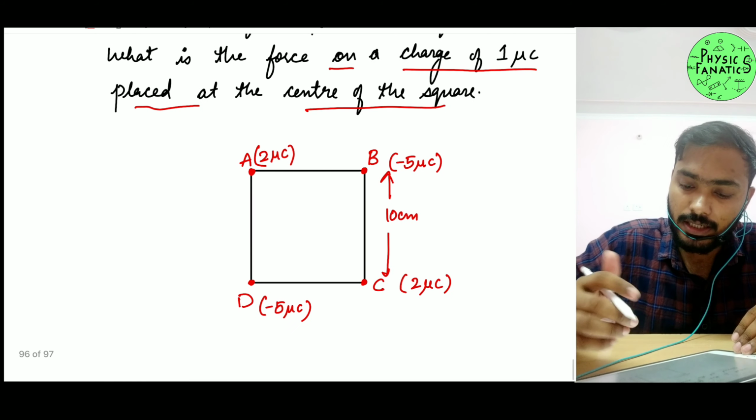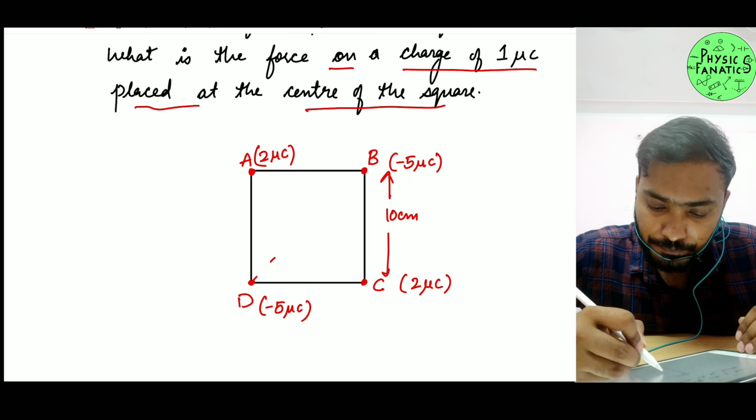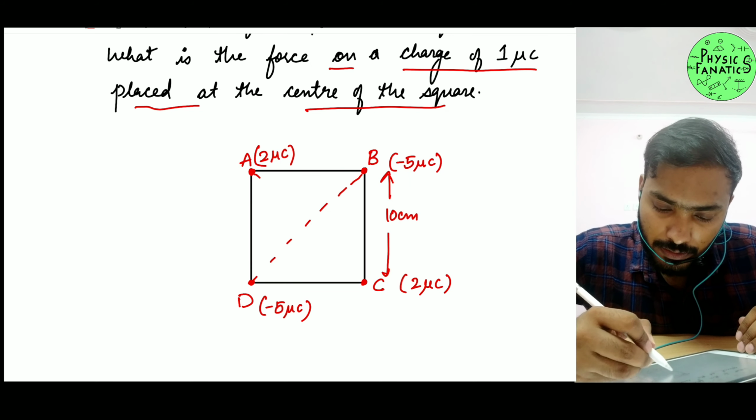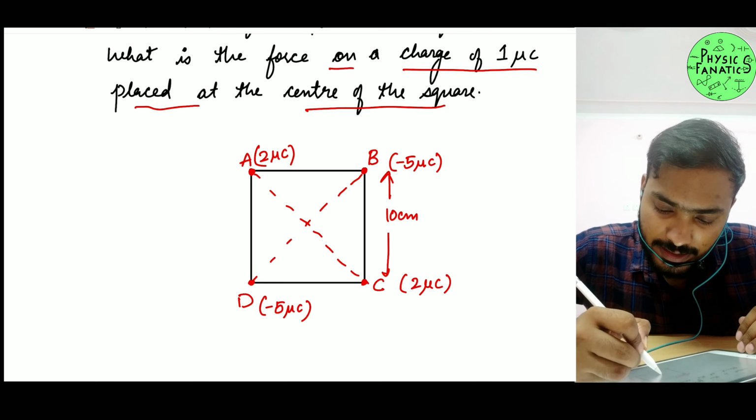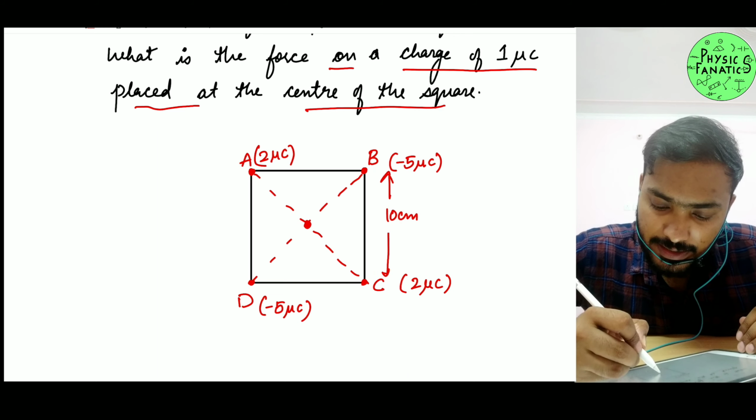So what is the force on the charge of 1 microcoulomb placed at the center of the square? Let me draw this out. Let me call the center O. The center has 1 microcoulomb charge.